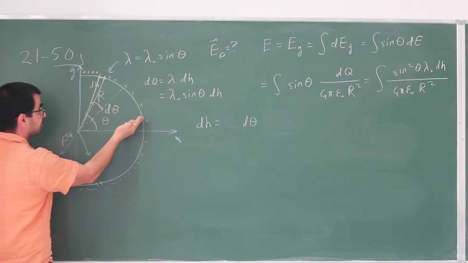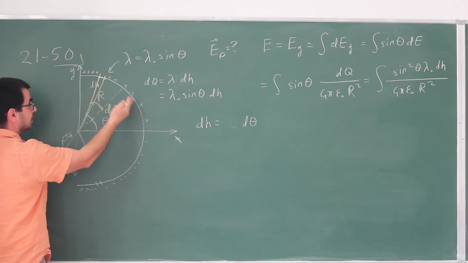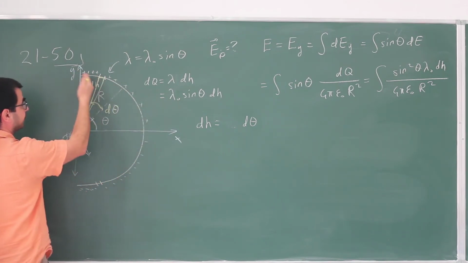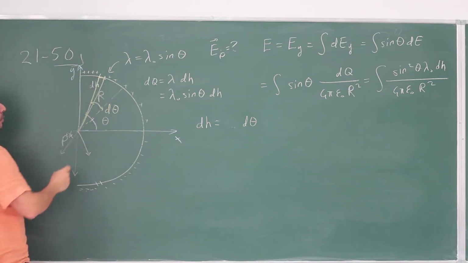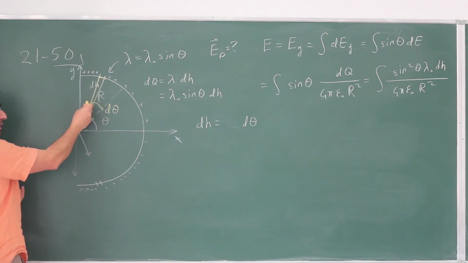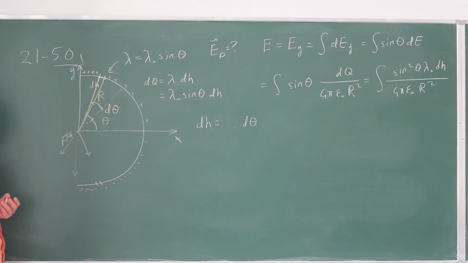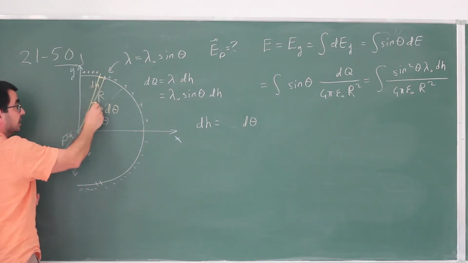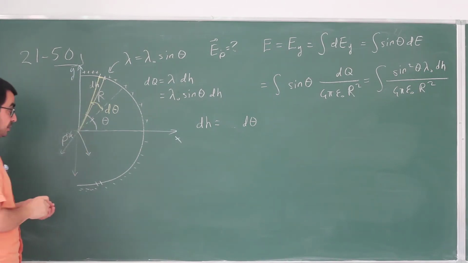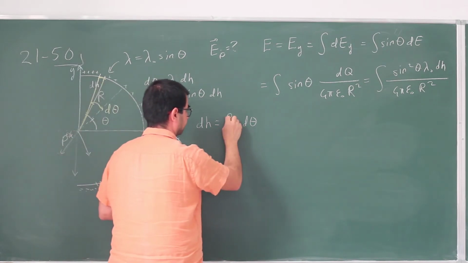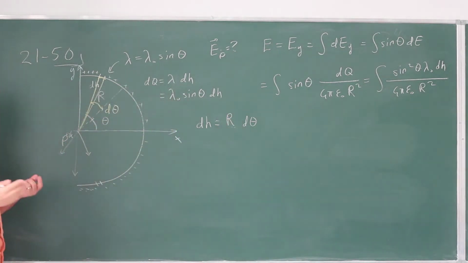So as we are moving over this half ring, we are just changing theta. Now, to cover this part of length dH, I need to go in the theta direction a distance of d theta. Okay? And this dH is going to be given by something times d theta. It is just r times d theta.